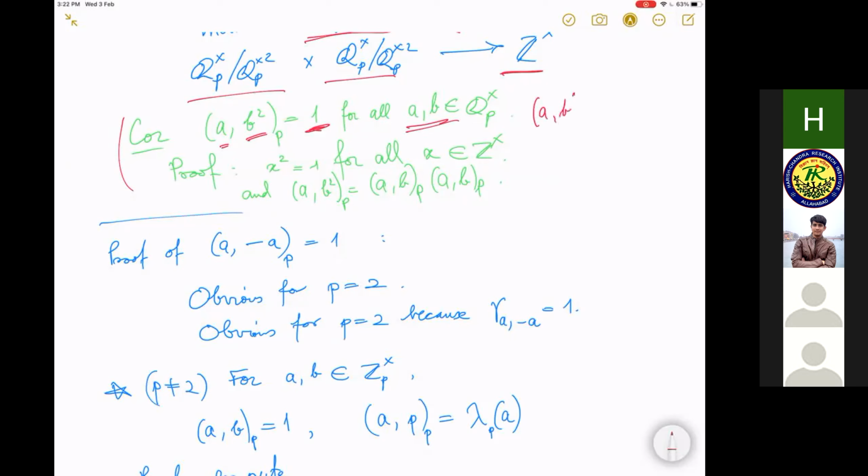(AB squared, P) is going to be equal to (AB, P) times (AB, P), which is always equal to 1. The square of any element in Z star is 1.